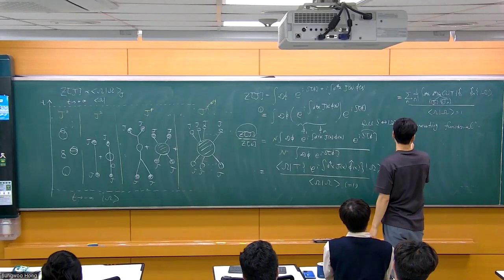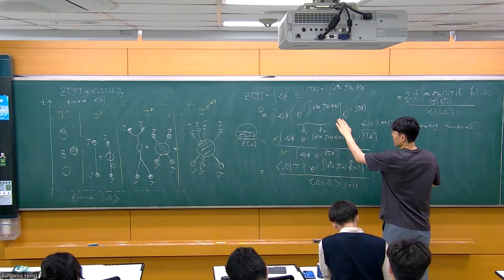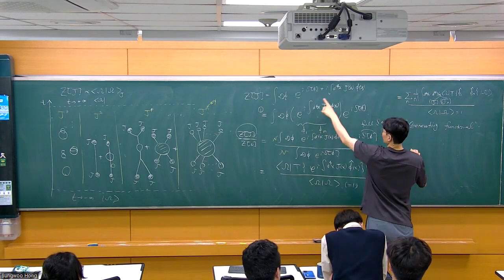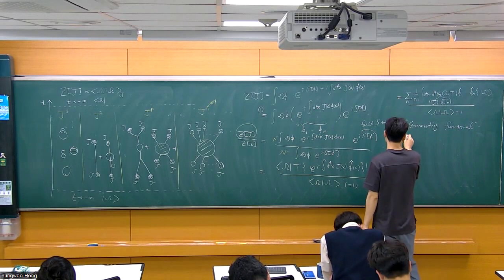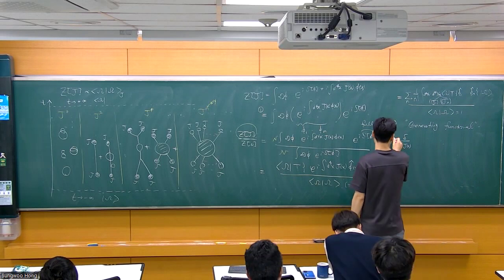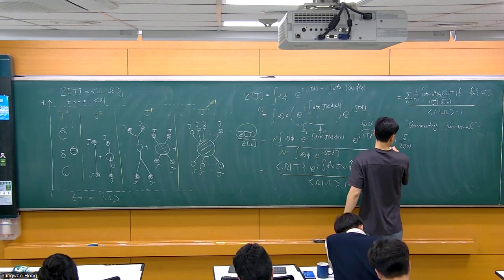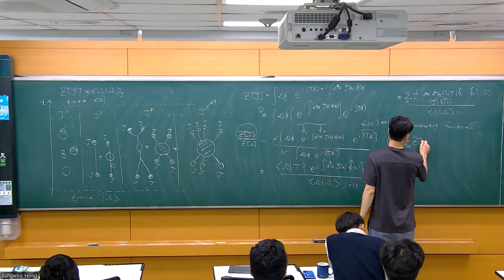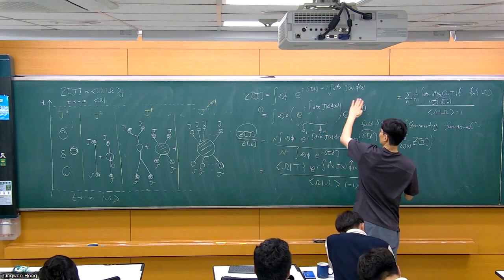Given this definition, you see that if you take J, and then do the functional derivative with respect to J of x with the minus i, to compensate that plus i, acting on J, what do you get? Let's just do it.